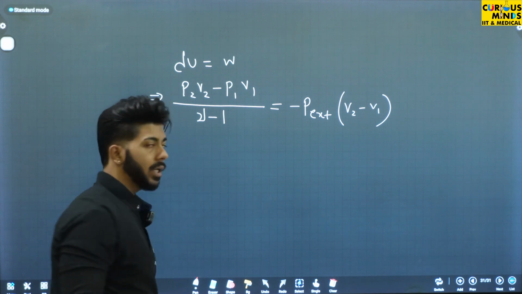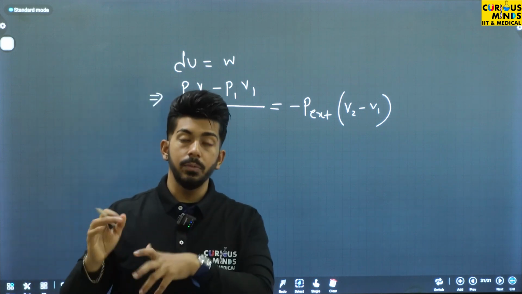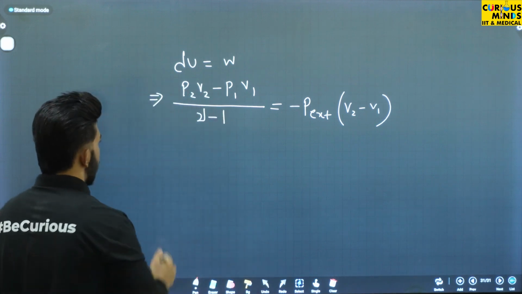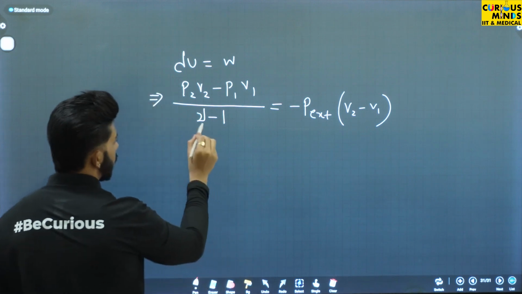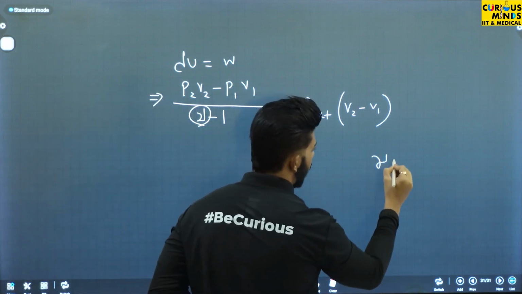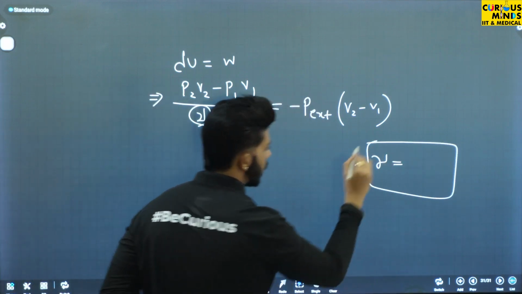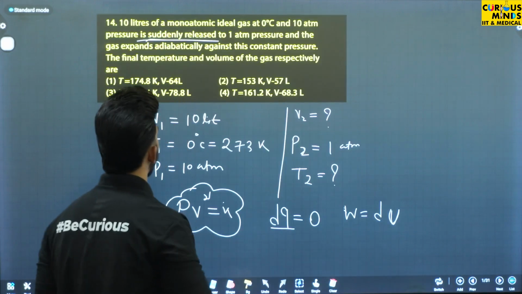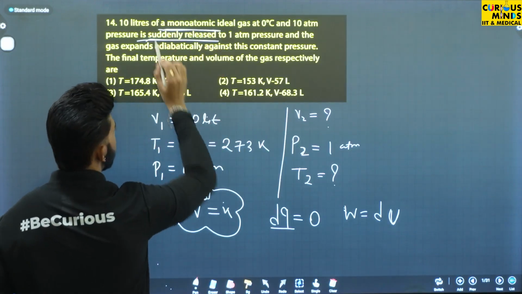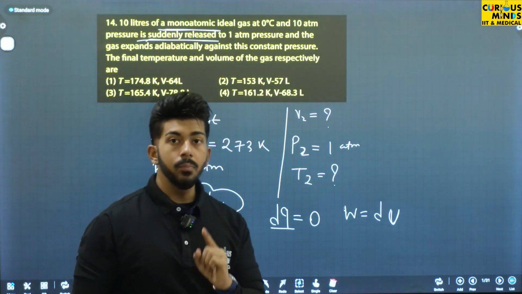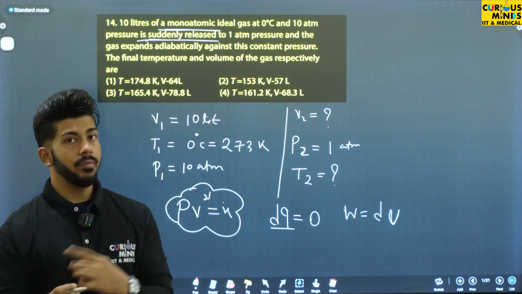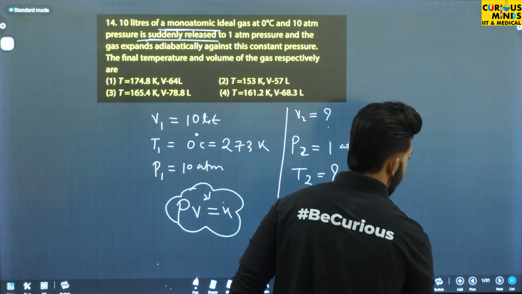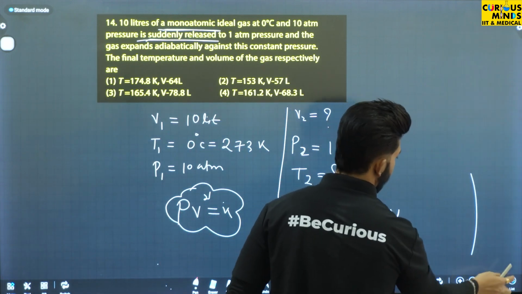This is for an adiabatic irreversible process, right? We cannot use PV to the power gamma equals K. Now all these values are given, but what is gamma? Since the question says the gas is monoatomic, obviously the value of gamma for a monoatomic gas is 1.67.